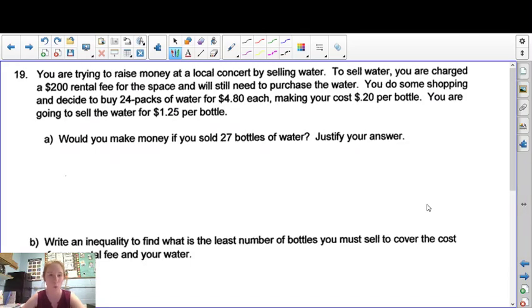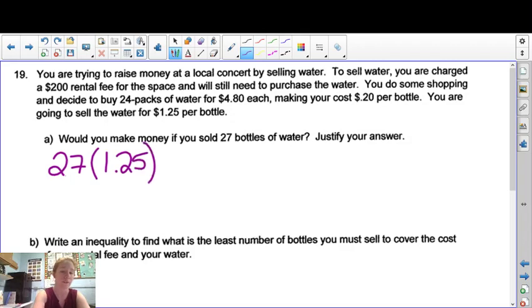Justify your answer. Okay, well, if I sell 27 bottles of water at a cost of $1.25, I'm going to take 27 times 1.25, which gives me $33.75.